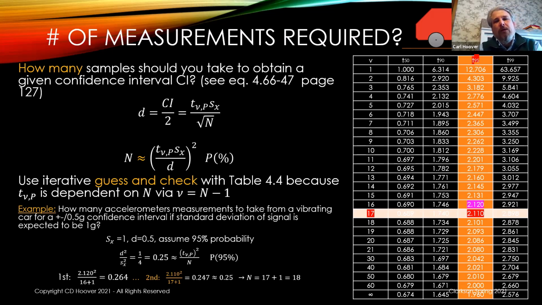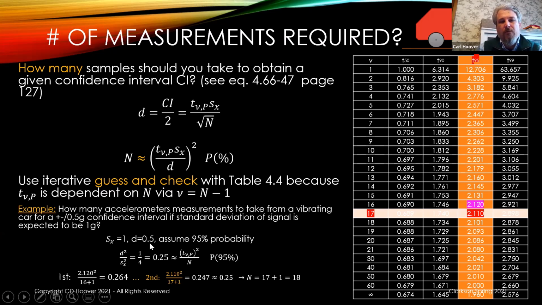Okay. We can't get t without knowing the actual degrees of freedom and knowing the number of samples, so we have to use a guess and check method. So rearranging this formula down here, we can see that we need to get a d squared over standard deviation squared of 1/4.